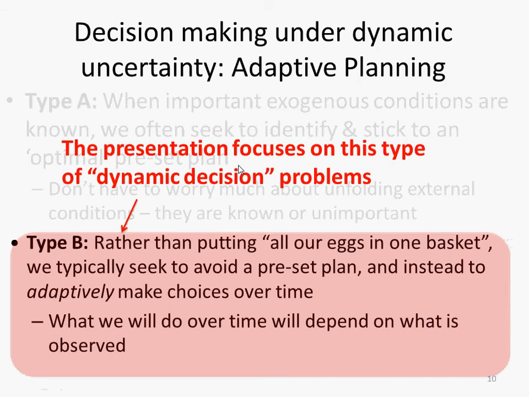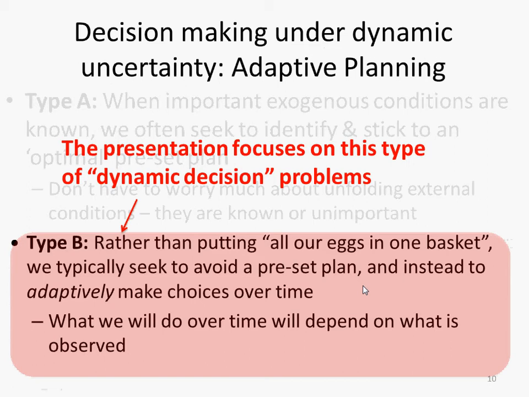Here, we're instead talking about avoiding putting all our eggs in one basket, avoiding betting that we're going to get the typical case, avoiding betting we're going to get the average case or what have you. And instead, we avoid a preset plan and we try to adaptively make choices over time. We don't use a preset plan that's one size fits all for all summers.